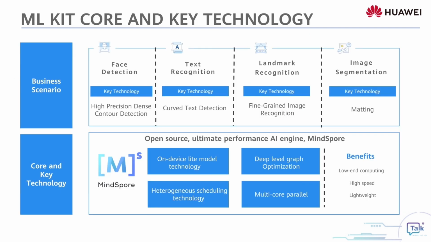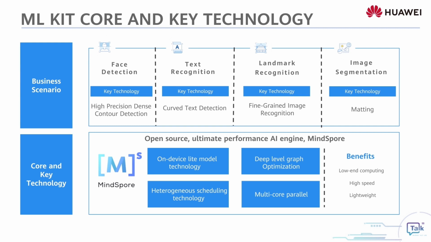For example, compared to other manufacturers that can detect 100 face features, ML Kit face recognition can provide 845 face features. We also support the recognition of cursive text and hairline cutout technology in image segmentation.